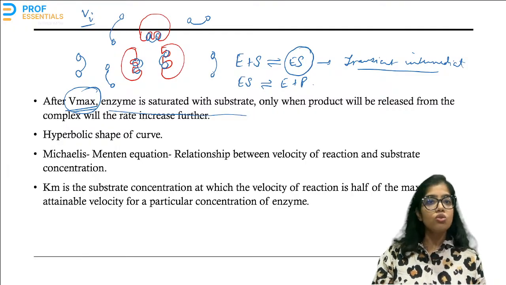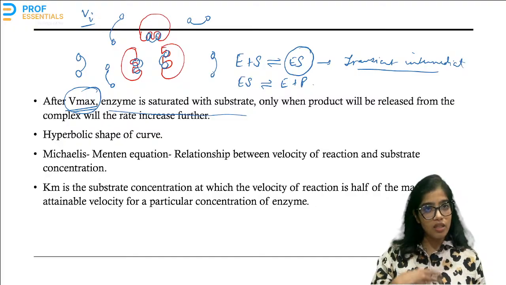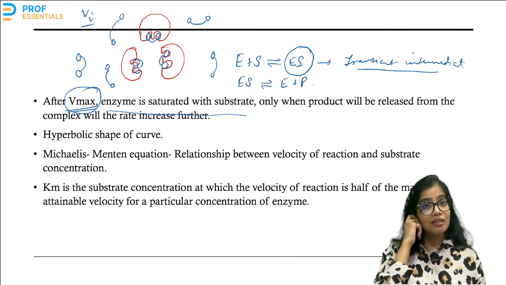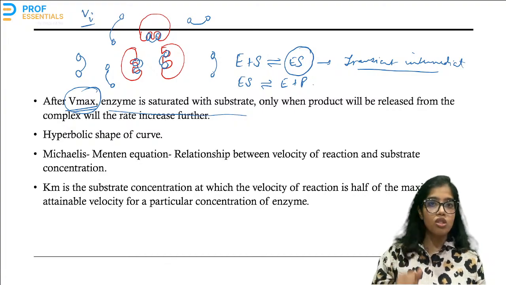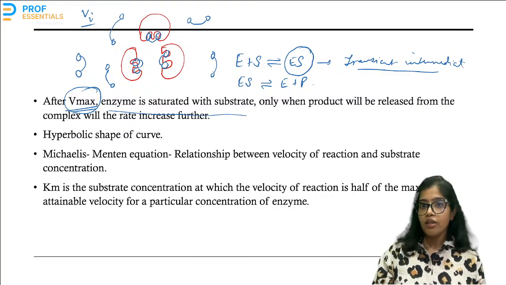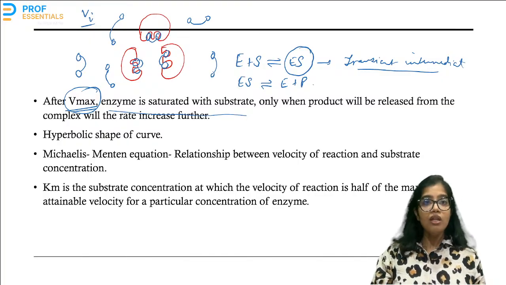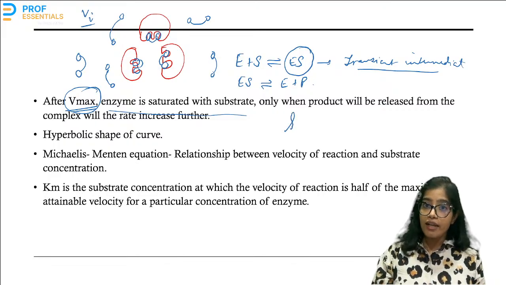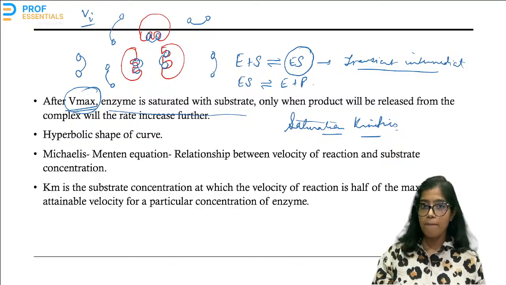It is not going to increase further until these substrates are metabolized to produce the product and the active sites are free. Understood? Therefore, Vmax is reached because of saturation kinetics. That is, the enzyme saturates. The active sites of the enzymes have saturated.